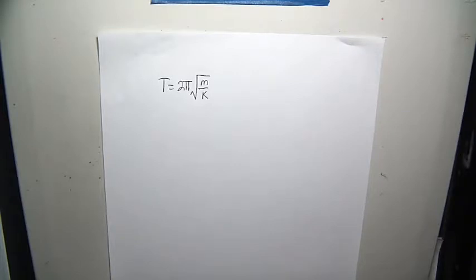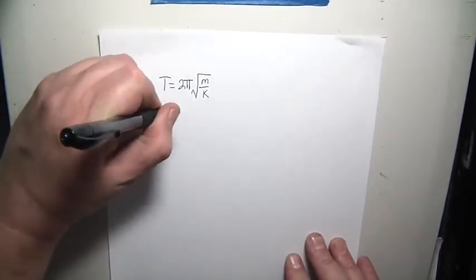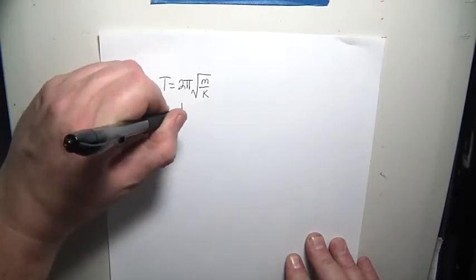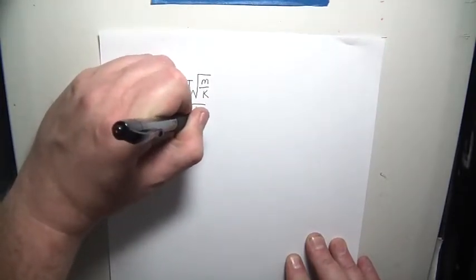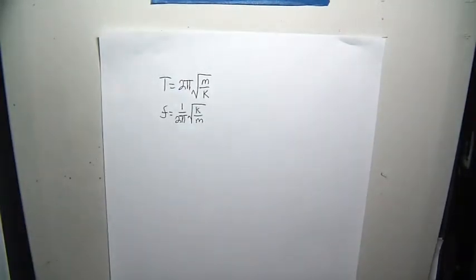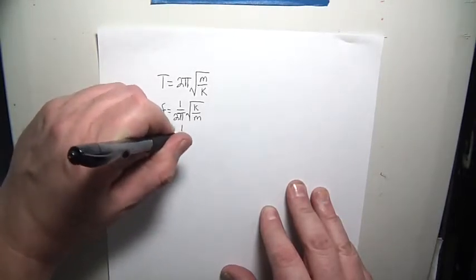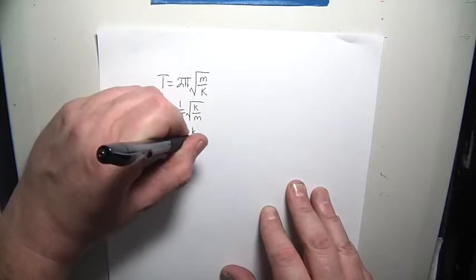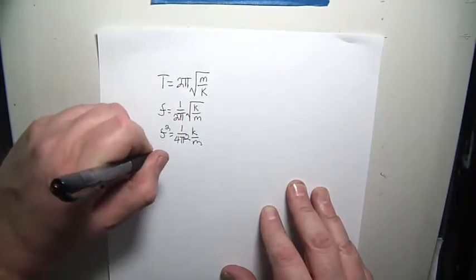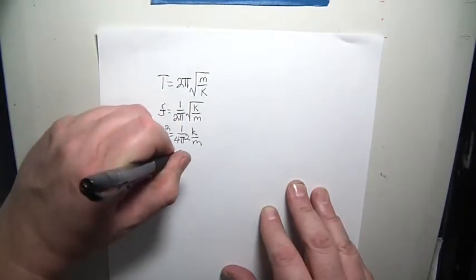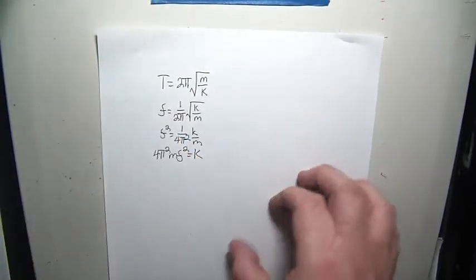I give you the mass and the frequency. So if I give you frequency, just use that instead. What is the spring constant? Then you just solve for k. f squared is 1 over 4 pi squared times k over m. So 4 pi squared m f squared is equal to k.